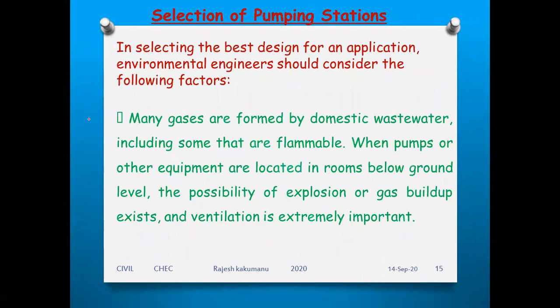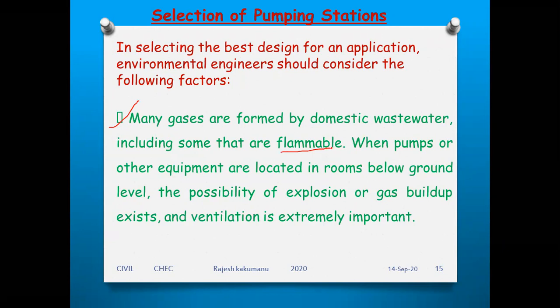Next concept is how to select the pumping stations. In selection of the best design, the environmental engineer should consider the following factors. Many gases are formed by domestic wastewater, which is what we get from houses, apartments, hotels, etc. Some of these gases are flammable.